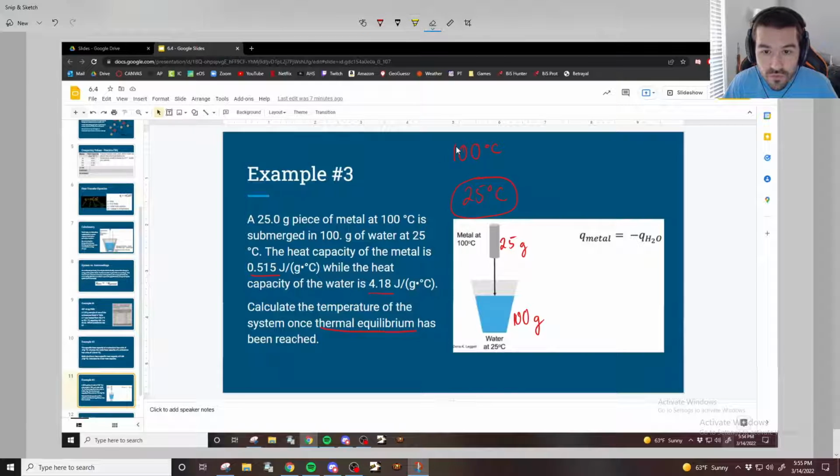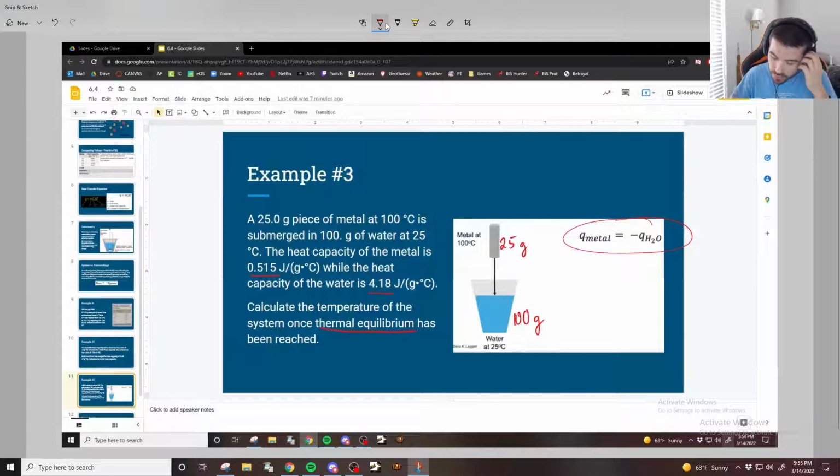what we've got to do is use that MCAT equation. And if you look over here off to the side, this is an important concept. What this is saying is that the heat lost by the metal is going to be the exact same value, or magnitude, as the heat gained by the water.